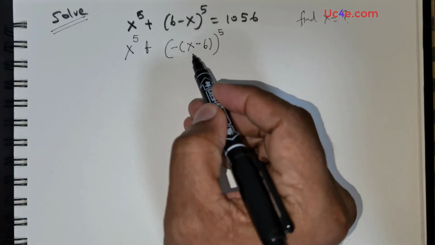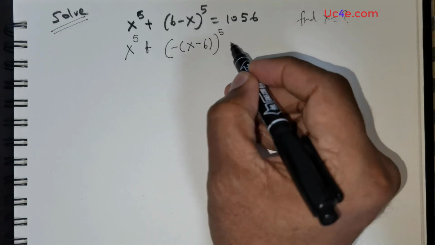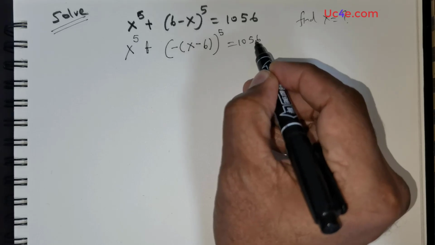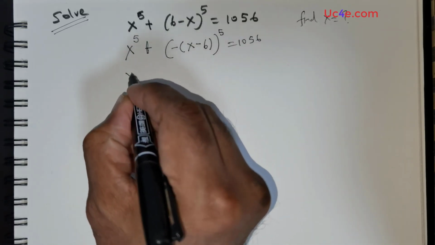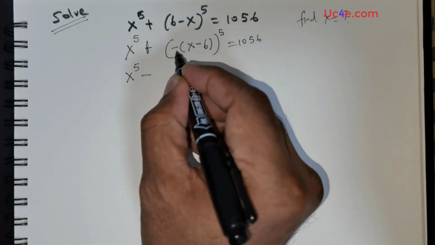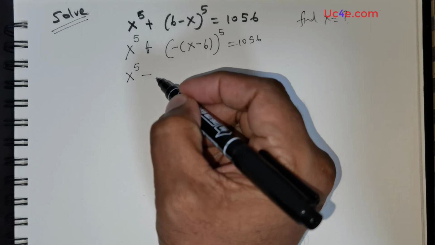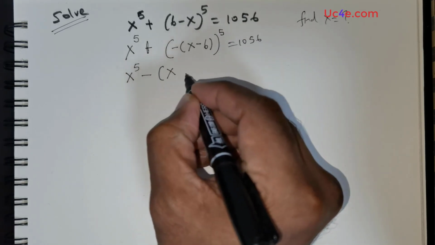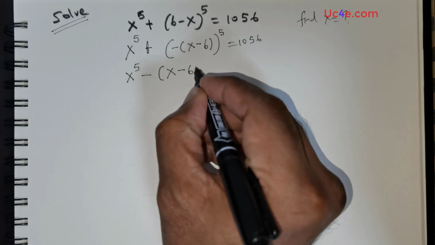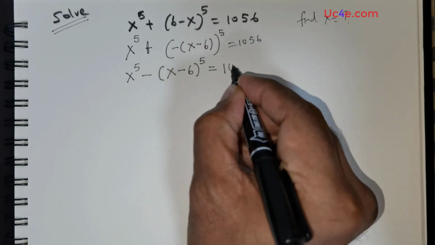So clearly you can see that by doing this we are now in a position to totally rewrite this entire system as x raised to the power of 5, and if we bring the negative sign out, that is raised to the power of 5. So that's going to be negative, followed by x minus 6 raised to the power of 5 is equal to 1056.